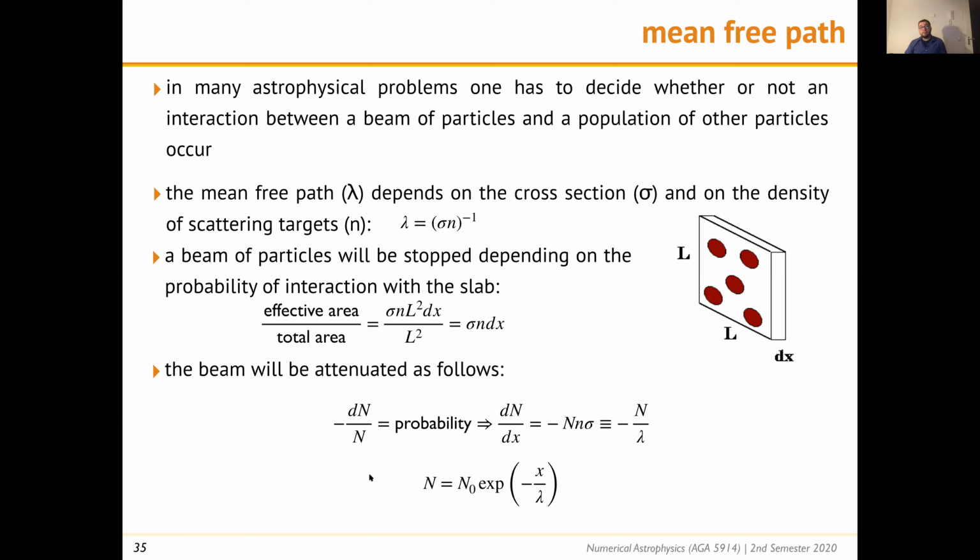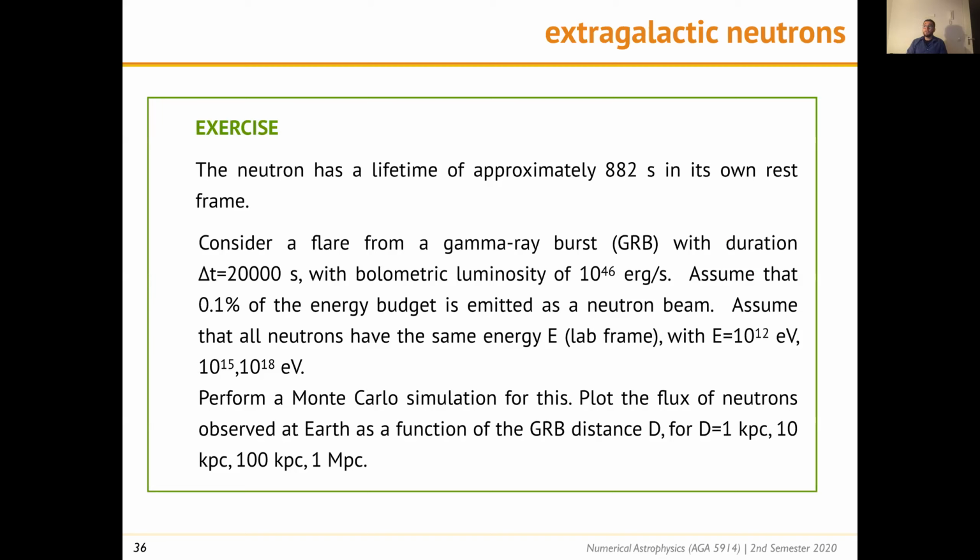Physically speaking, and computationally speaking, a very similar problem is the problem of a particle decay. It travels a little bit and then it decays. But instead of the mean-free path, we have a typical decay time. So that's what I leave to you as an exercise, which is essentially to do a calculation for extragalactic neutrons. Neutrons are not stable particles. Neutrons have a lifetime of the order of 880 seconds in their own rest frame.